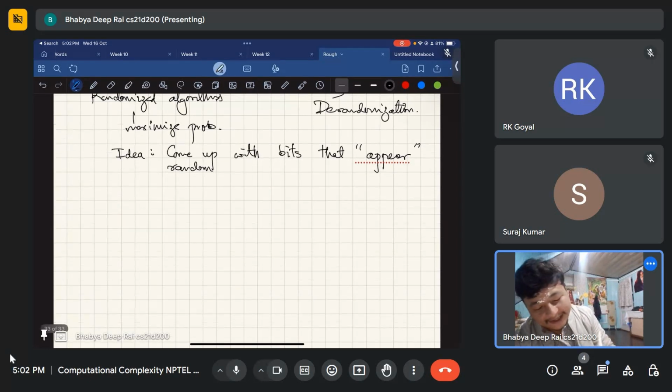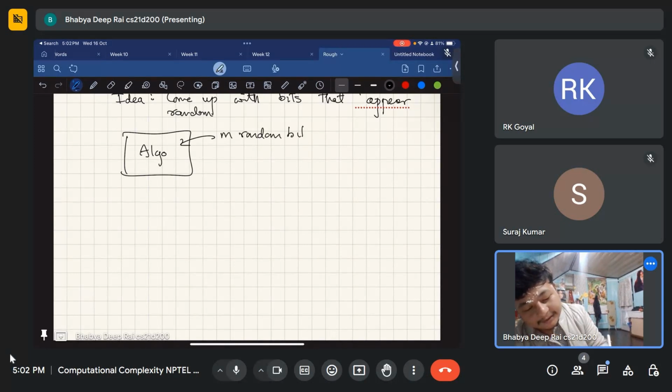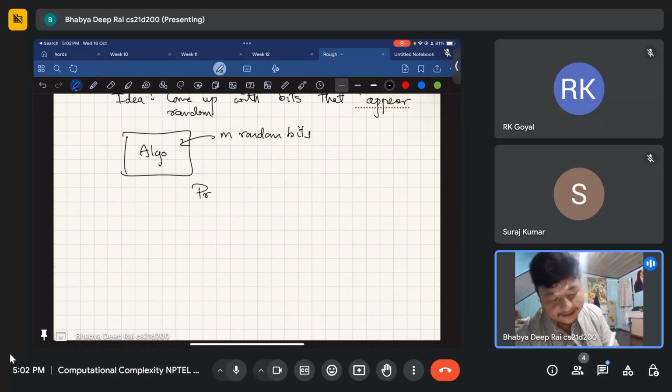So let's say I have an algorithm that requires m random bits, and it has a certain probability associated with it. Why probability?